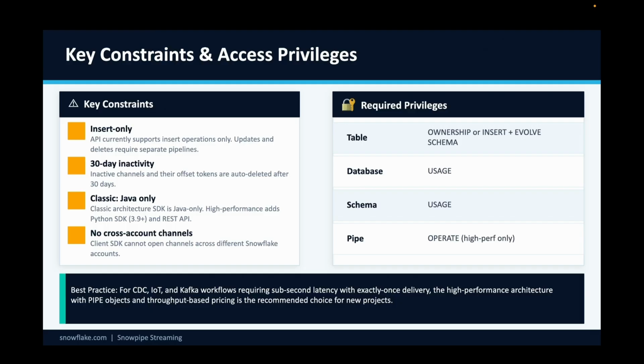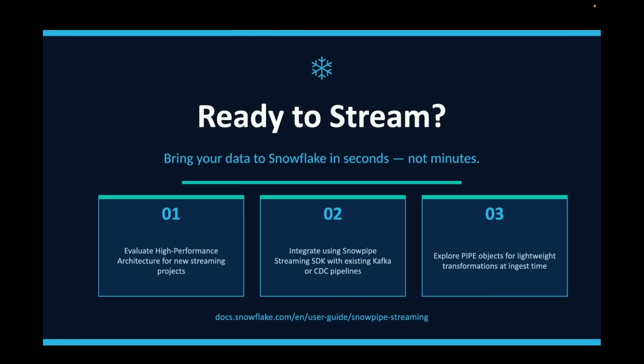The best practice for CDC, IoT, and Kafka workflows requiring sub-second latency with exactly once delivery: the high-performance architecture with pipe objects and throughput-based pricing is the recommended choice for new projects. So, ready to stream? Bring your data to Snowflake in seconds, not minutes.